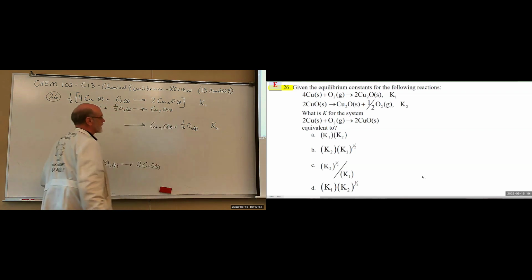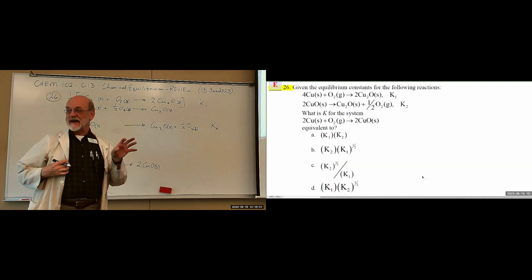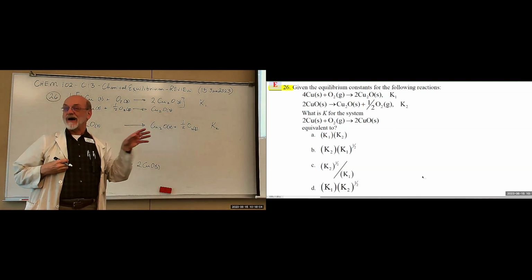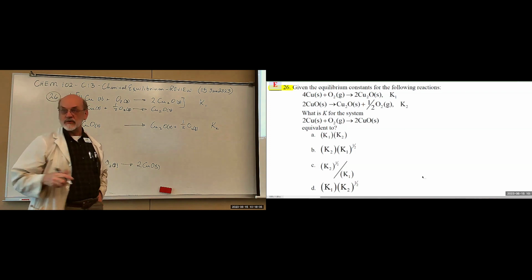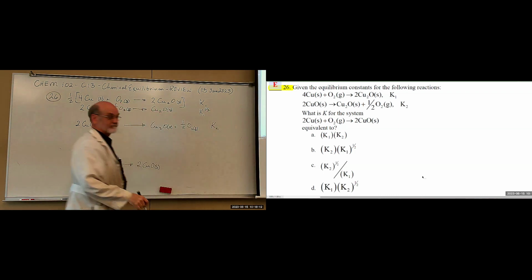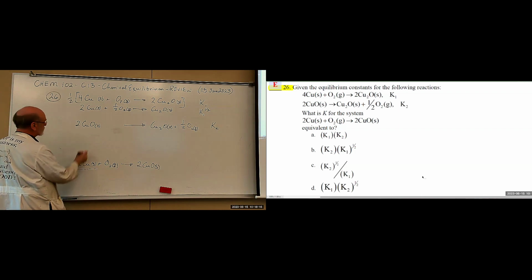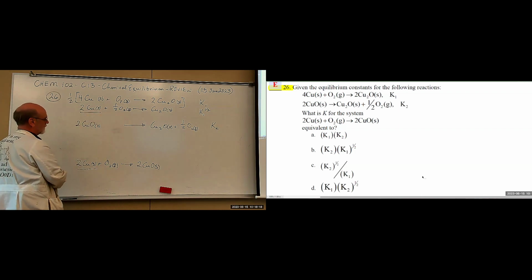What would that do to the K? When you multiply by a factor, the factor becomes the power of K to make the new K. So the new K would be K1 to the 1/2 power. Okay, so that gives us this one here and here.